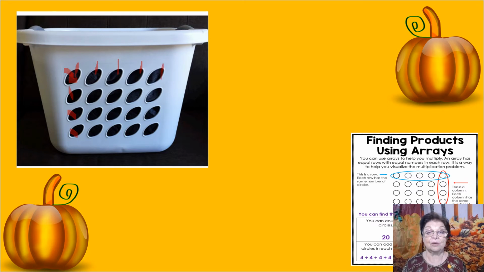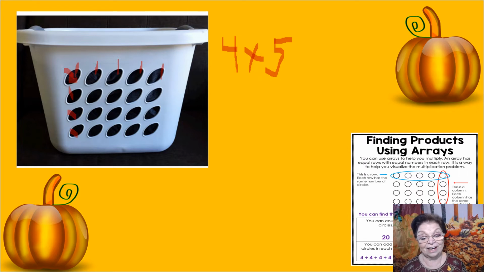So can you tell me what our multiplication equation is going to be? What's going to be the factors? You're correct. 4 times 5. And there's several ways you could figure this out. You could count up the rows and count up the columns and add them together.